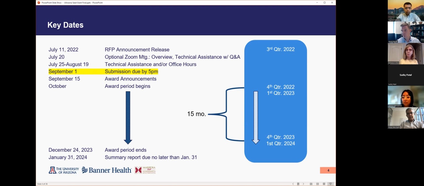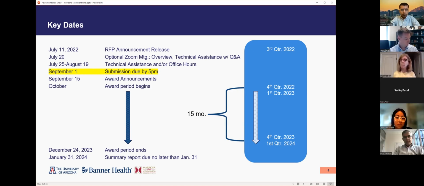Importantly, the proposals are due September 1st by close of business at 5 o'clock. We're going to do a very quick and efficient peer review process on a smaller, simpler scale, mimicking the NIH process, with the target of announcing the awards on September 15th.